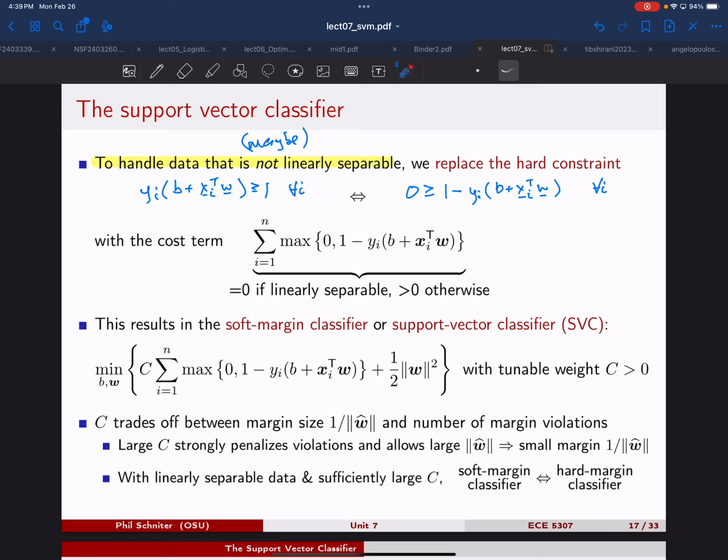Okay, so it is possible to drive this cost all the way to 0 for linearly separable data, and that's the lowest value you can get. However, if there is absolutely no way to find a b, w combination to satisfy this for all i, then that's okay. You can still drive this down to some minimum value, but that minimum value will be positive. But there's still a smallest value you can get down to.